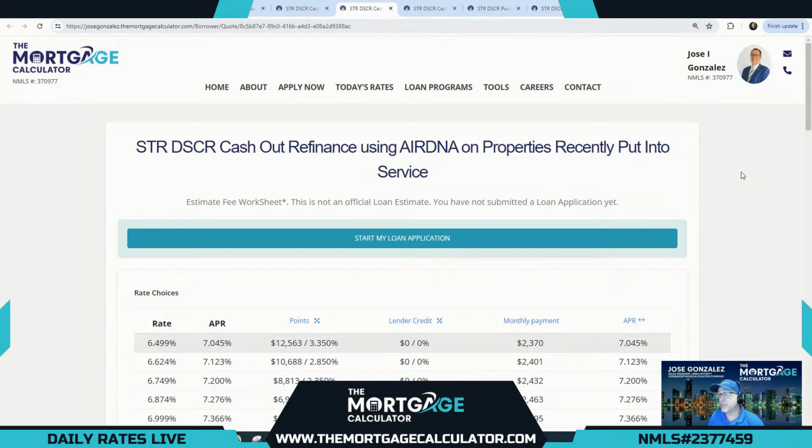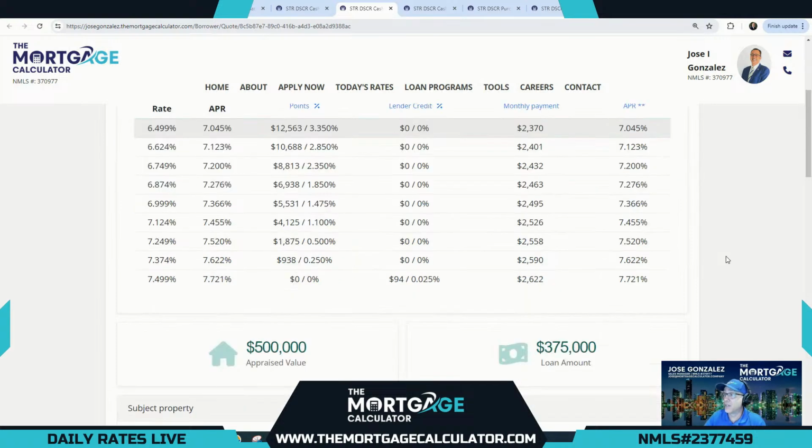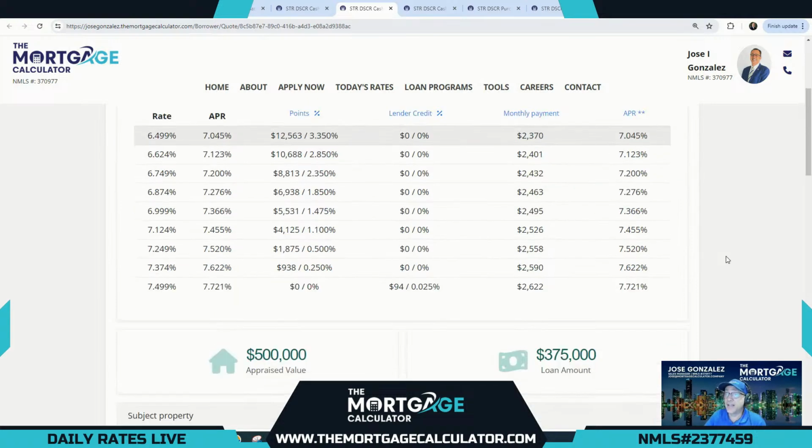Obviously, no history yet on it, but we can use the AirDNA. So this is a great option. And you're looking at 7.499, our lowest cost option with a lender credit of 0.025, and you can buy that one down all the way to 6.499 at a cost of 3.35.